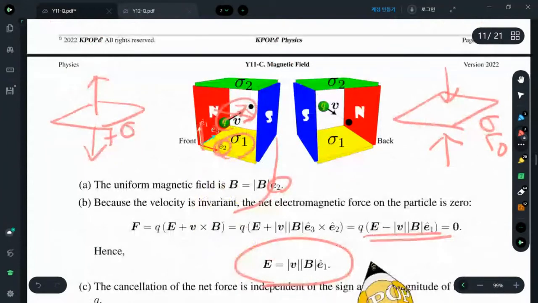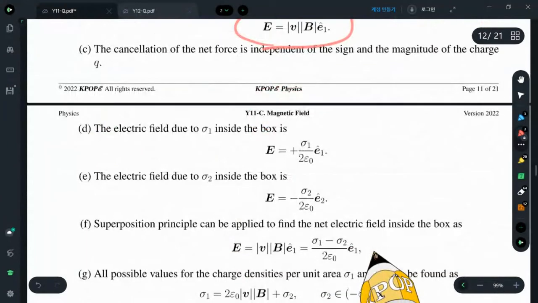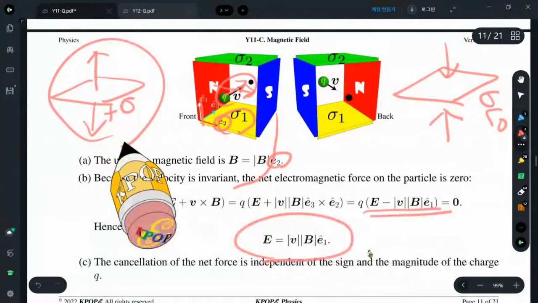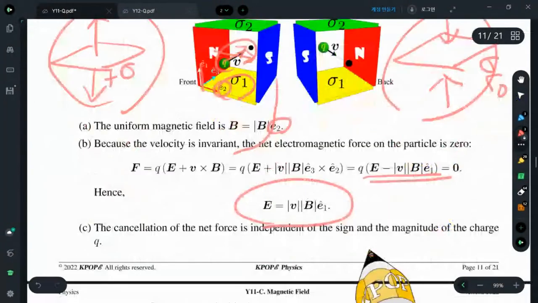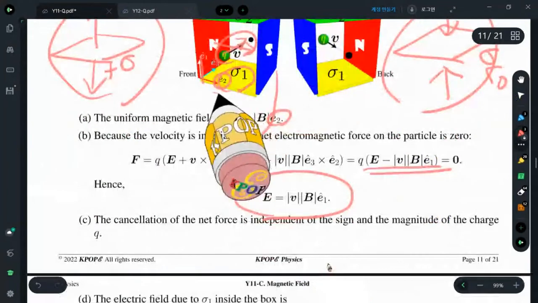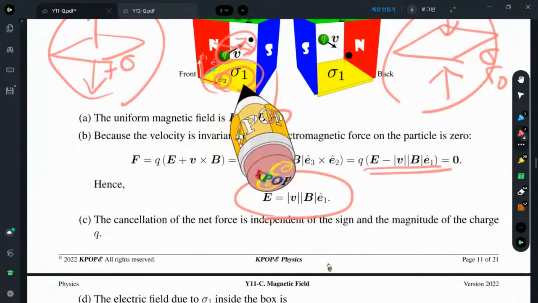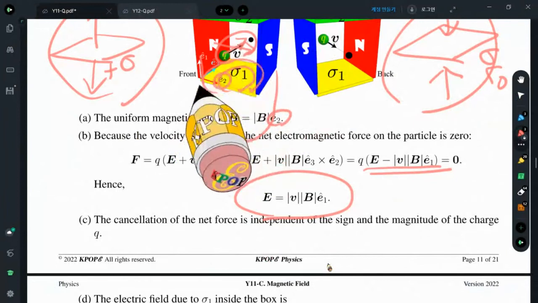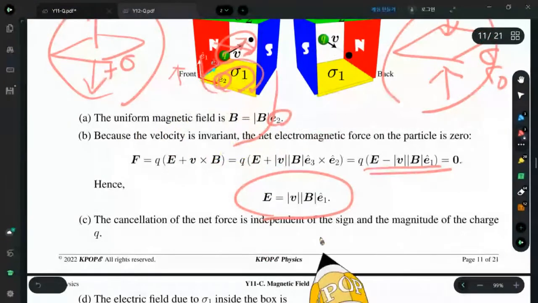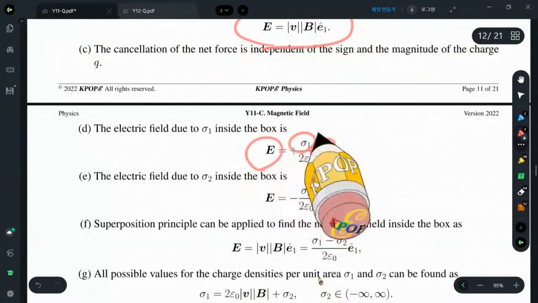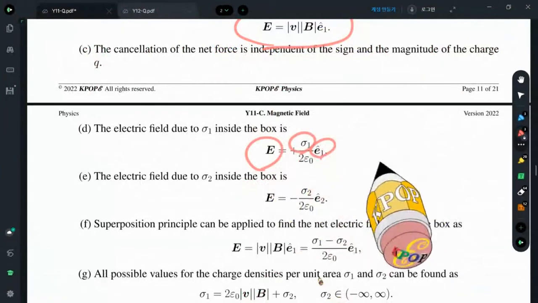Okay. The electric field due to an infinite plate is like that. In here, we assume sigma is positive, then it is parallel to the E1 direction. But if it is negative, automatically it will choose the negative direction.